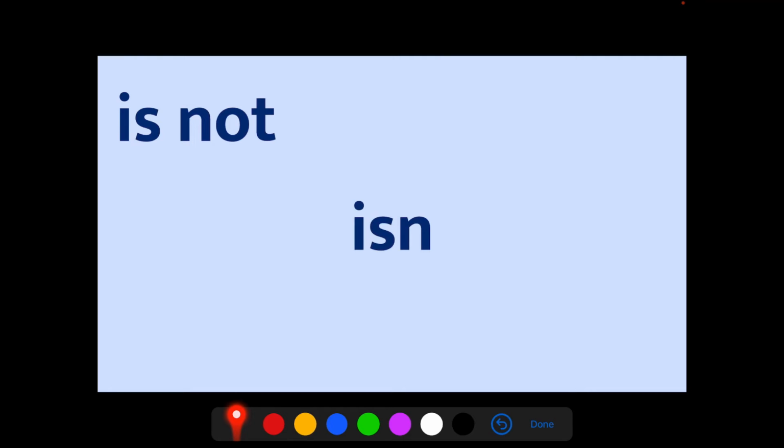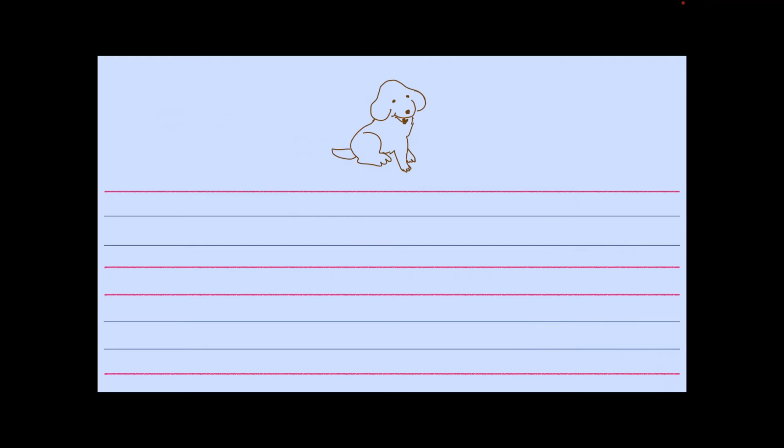And then we put the apostrophe in the space after that letter N and finish off the word isn't. Let's have a go at our sentence. It isn't Spot.